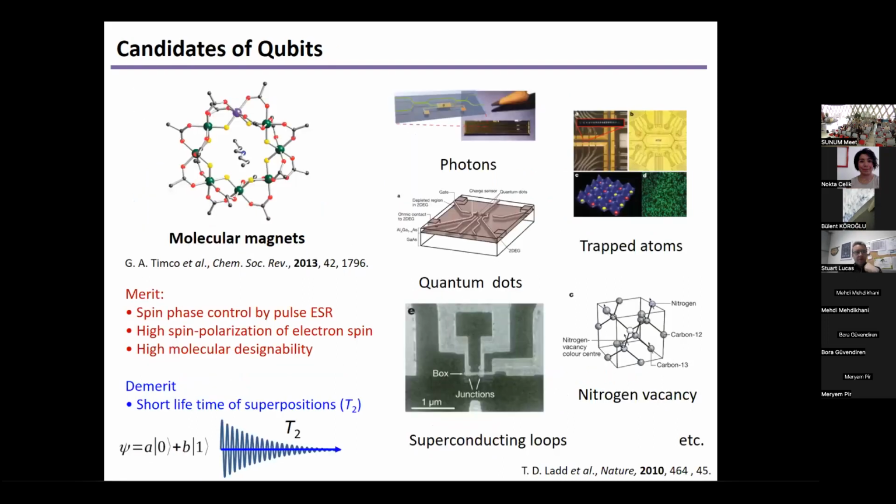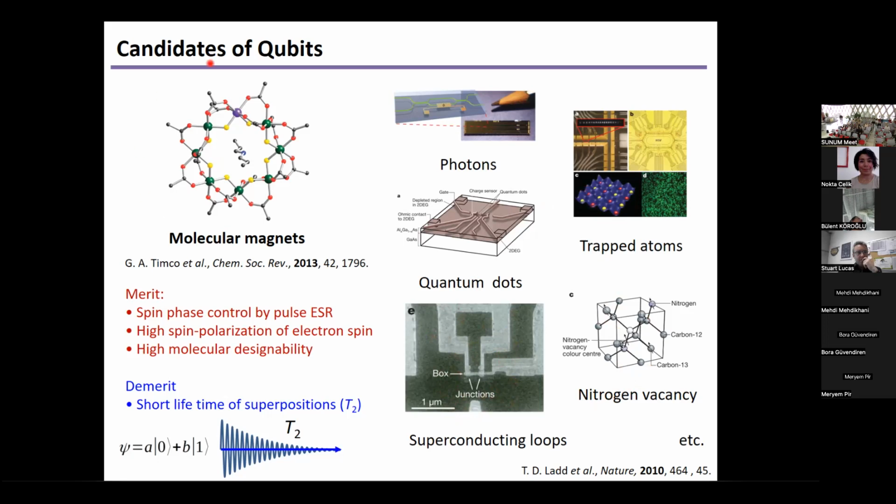There are several qubits: photons, quantum dots, and superconducting loops. This is the first one, discovered by IBM, and trapped atoms and nitrogen vacancy in diamond.